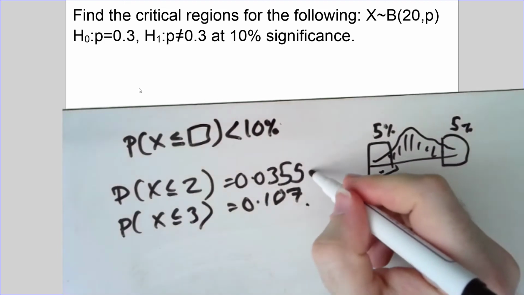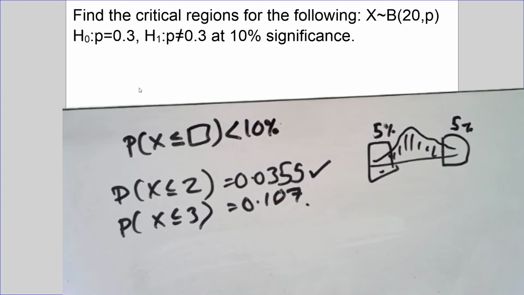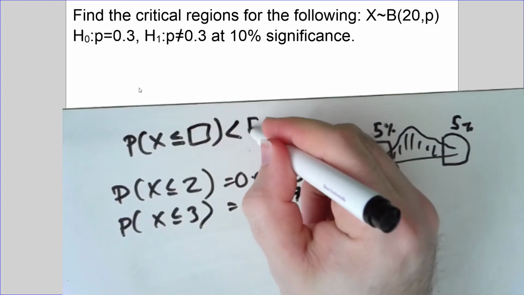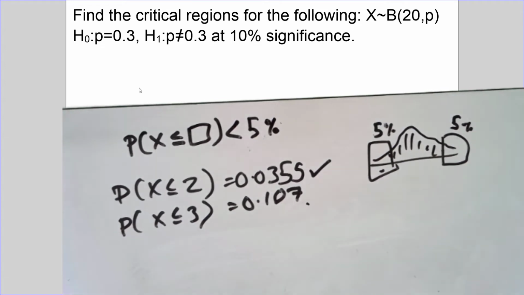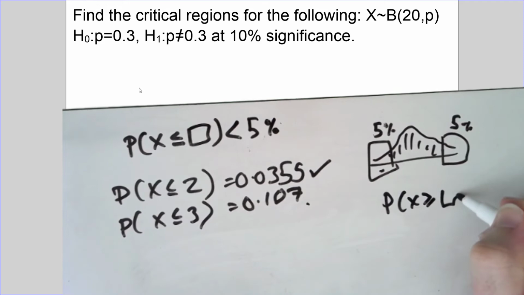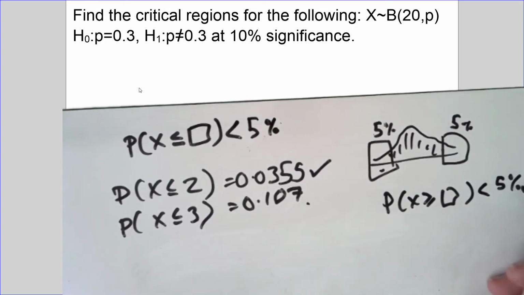Now I can see from this one, this is still the correct one, because this is still less than 5%. We also need to do the upper tail, which is probability x is greater than or equal to something is less than 5%. And we need to find the smallest number that goes in here to make this work.